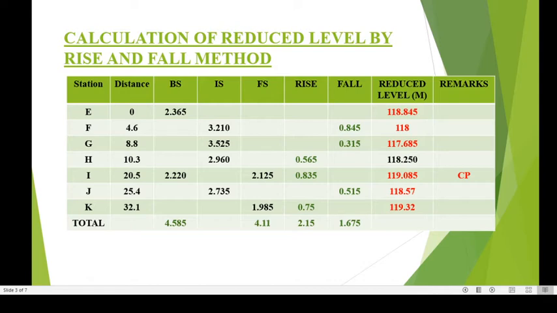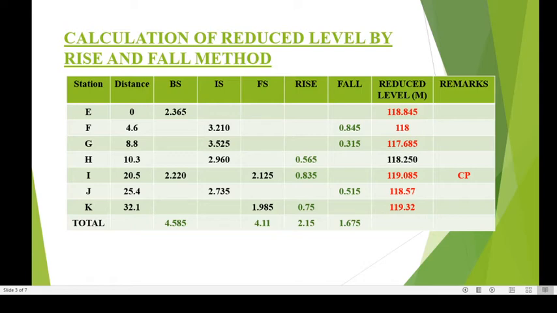Now sequentially we will subtract the successive value from the earlier value. That is, we will subtract 3.525 from 3.210. We will get a negative value and record it in the fall, that is minus 0.315. In this way we will calculate all the rise and fall values.